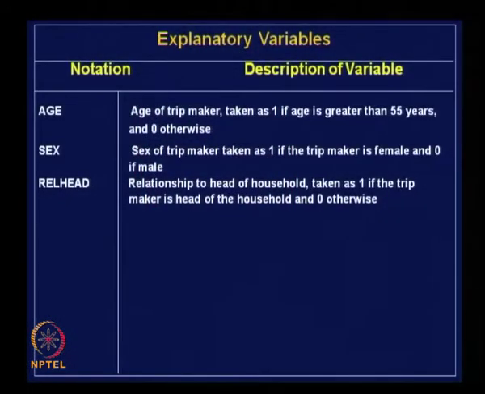You must first identify whether the traveler that you consider is the head of the household or other members of the family, okay. So, that is how this variable has been brought into the picture. Relationship to head of household is taken as 1 if the trip maker is head of the household and 0 otherwise, okay. There is a preference in provision of vehicle to the head of the household. This has to be brought into your modeling, right.